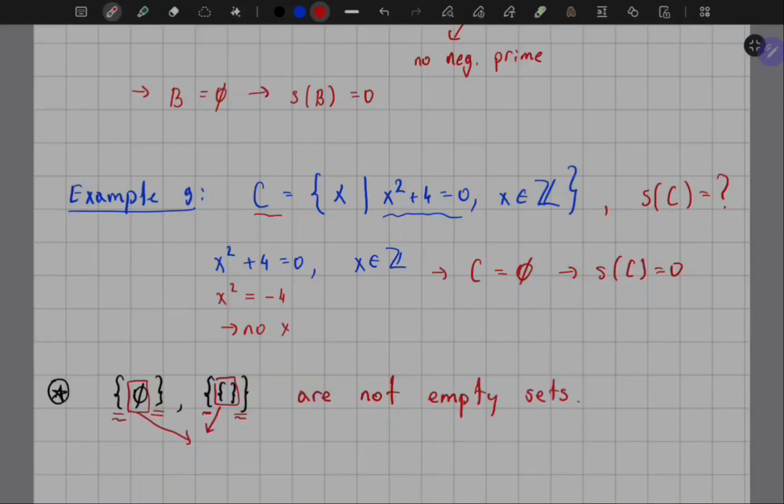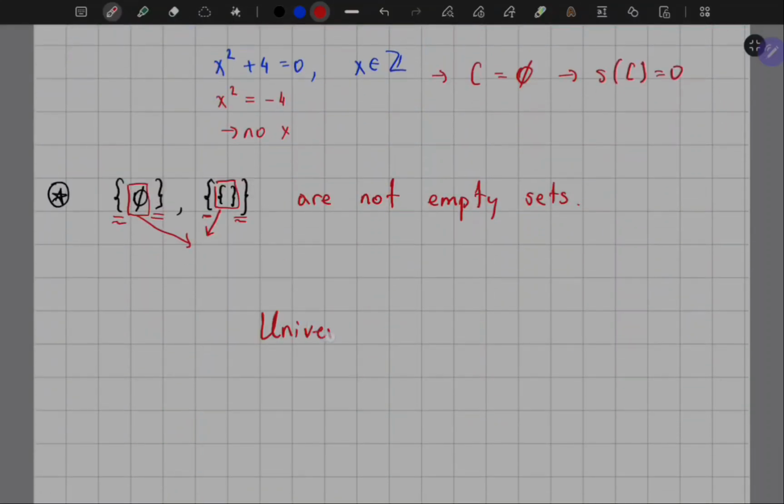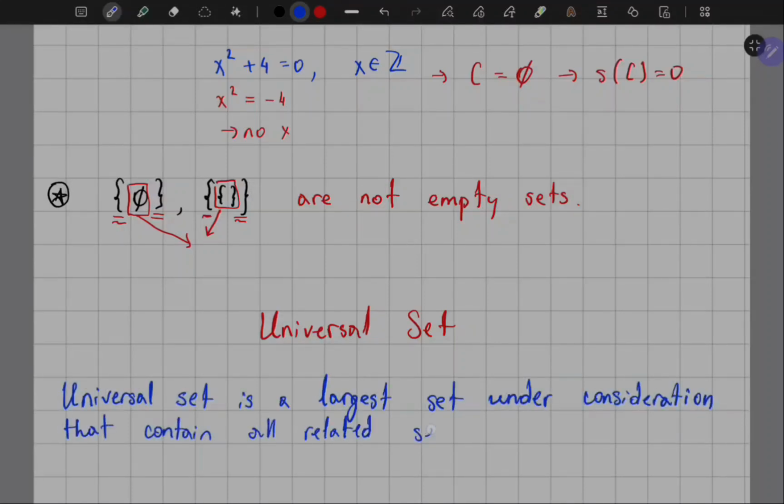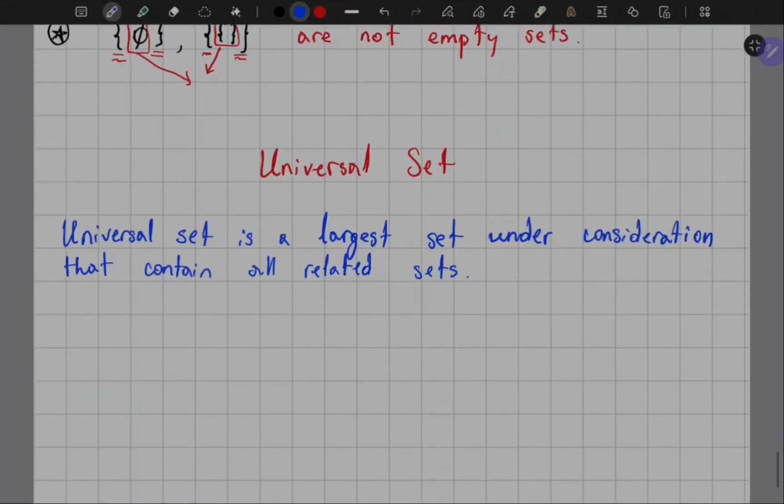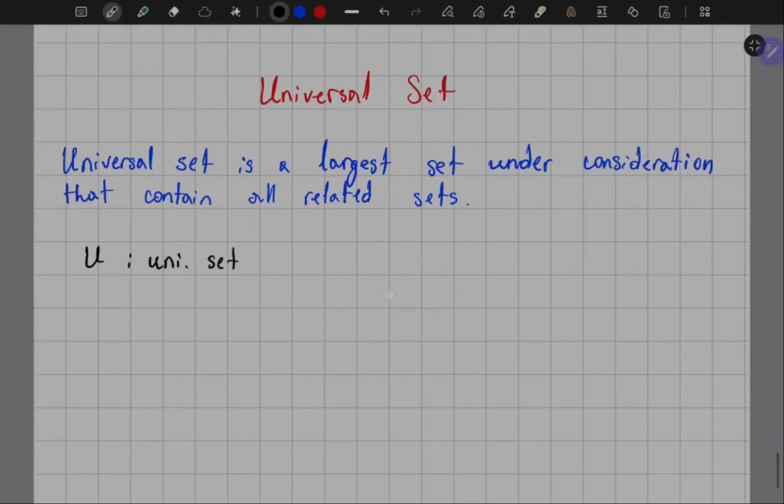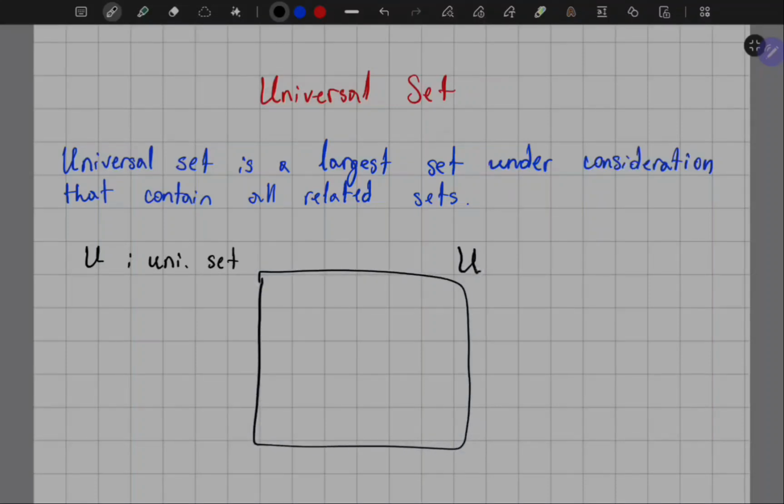Now let's define universal set. Universal set is the largest set under consideration that contains all related sets. Universal set is generally denoted by the letter U. We can think of it like this: we have a universal set, and this is its Venn diagram representation.